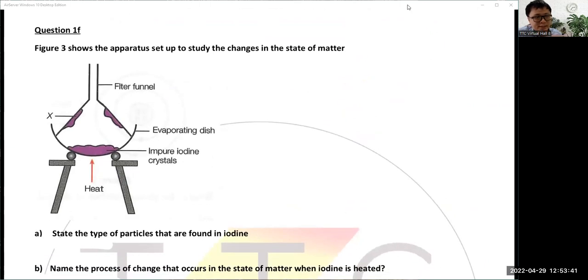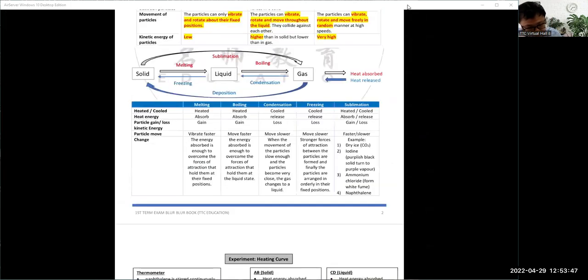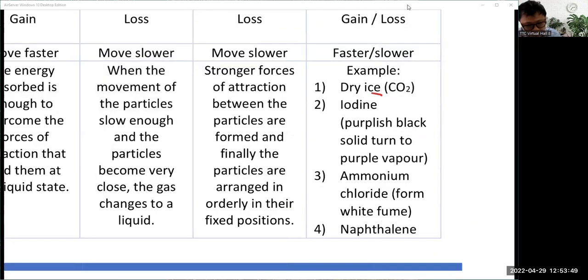Okay, for sublimation, there are 4 chemicals that will sublimate. You have to remember this one. First, dry ice. It will go from solid immediately become gas. Iodine also same thing. It will immediately go from purplish black solid turn into purple vapor. Ammonium chloride will also same thing.